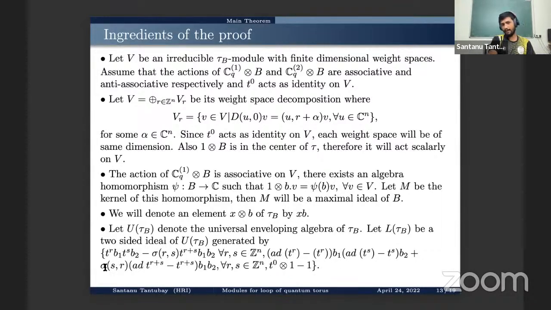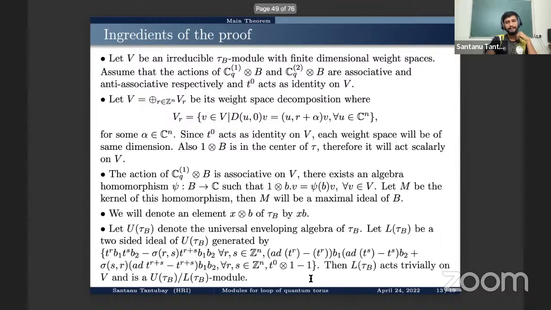That's why we get sigma SR here, not sigma RS. And the third element comes from T0 acting as identity. So we take L of tau B to be the two-sided ideal of U of tau B generated by these elements. Then we can see that L of tau B acts trivially on the module. Therefore, V will be a U of tau B quotient L of tau B module.